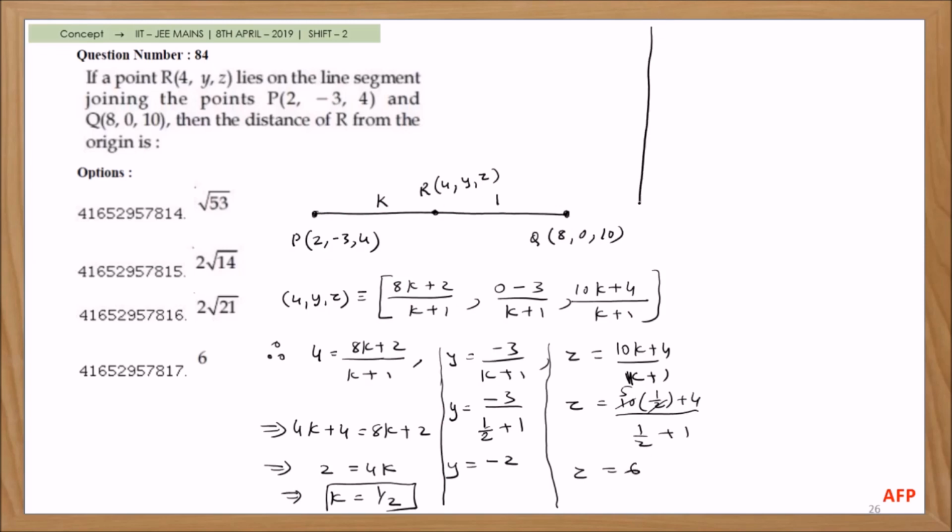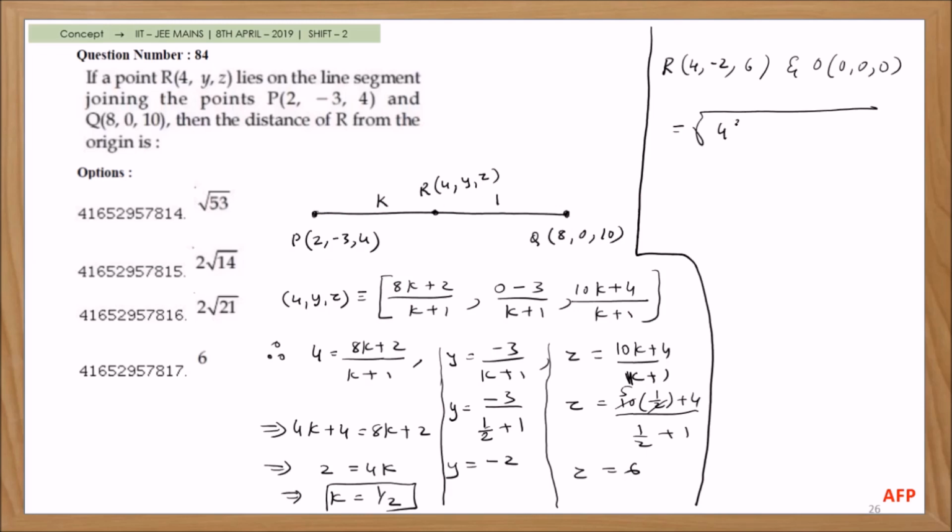So now we got the coordinates: R is (4, minus 2, 6), and the origin is (0, 0, 0). We find the distance: the square root of 4 squared plus minus 2 squared plus 6 squared, so root 56. Root 56 can be written as 2 root 14. So option 2 it follows.